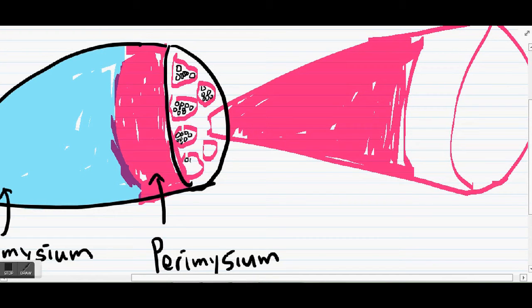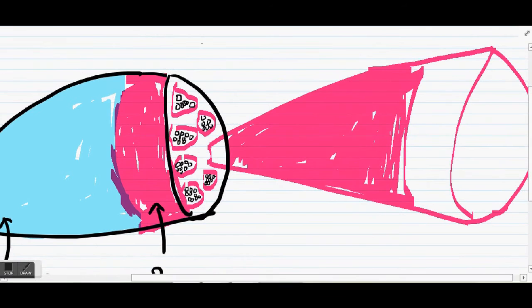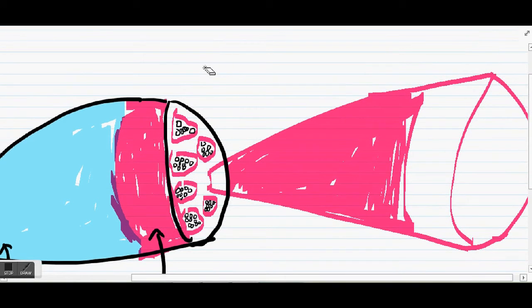In fact, the cell is sometimes as long as the muscle itself, and each of these little circles represents a muscle cell, or we call them a muscle fiber. When you have a group of muscle fibers together, we call this whole thing a fascicle.